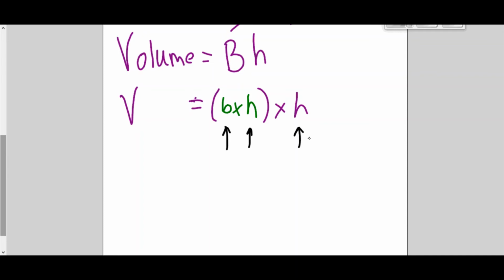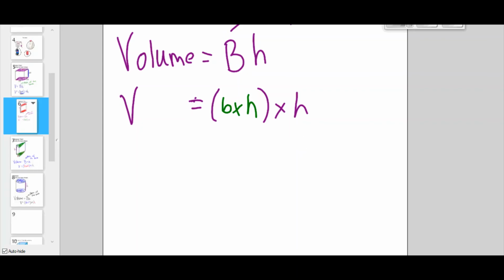So when we worked with area, we had just base times height, so our answer was units squared. Well, now I'm multiplying by one more of those units. So when we put our final answer in volume, our answer needs to be in units cubed. So I just want us to write that down so that we remember it.